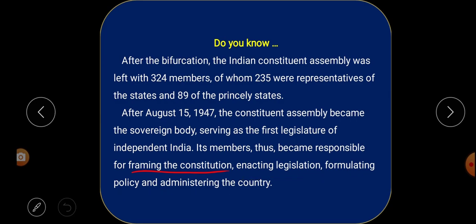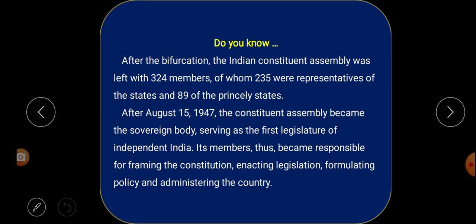country. So in this paragraph it is that after the division of India, the Constituent Assembly was left with 324 members. Out of that, 235 were representatives of the state and 89 of them were princely states. Next, when India got independence on August 15, 1947, the Constituent Assembly became the sovereign body, the most powerful body, and served as the first legislature of independent India.